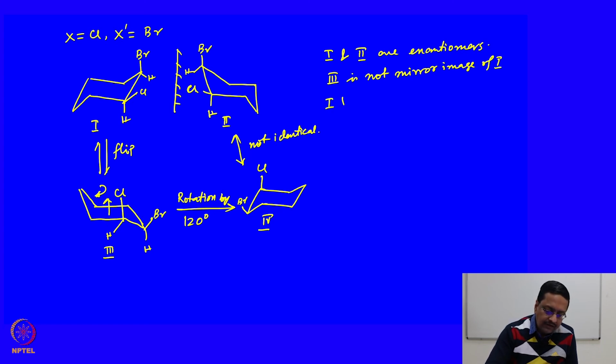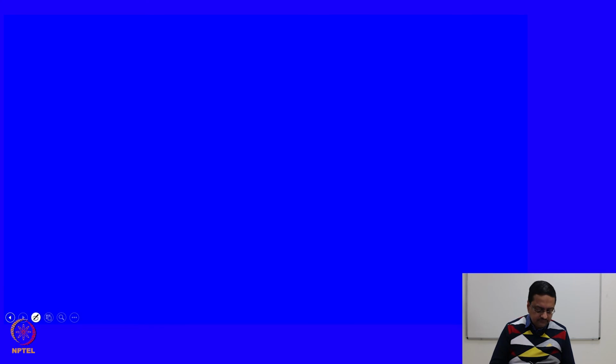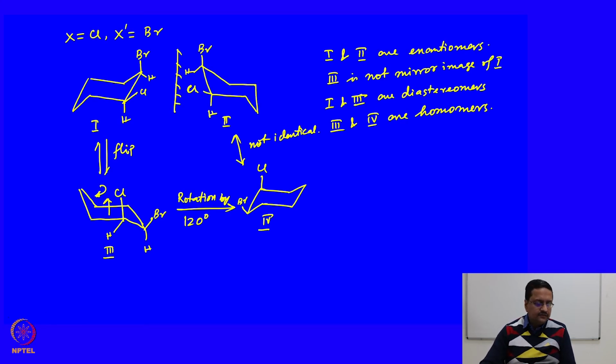Therefore, 1 and 3 are diastereomers, and 3 and 4 are homomers, right. So, in this lecture we have seen 2 different variations of cis 1,2-disubstituted cyclohexane derivatives and their possible isomers. So, we will continue from here in the next lecture.